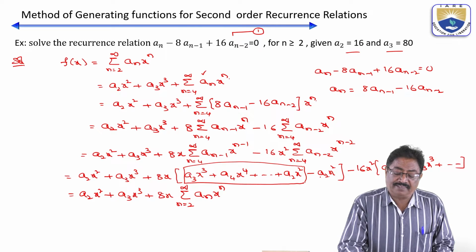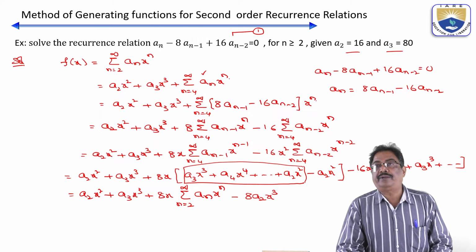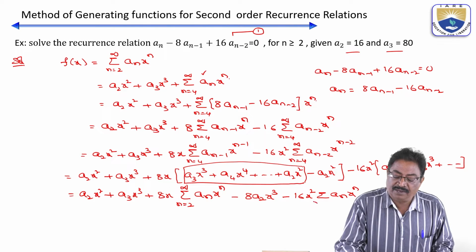Now the remaining, one more term will be there, so I am going to consider it as 8 into a2 x cubed minus 16x square. Then this I am going to write once again as summation an x to the power of n, n equals 2 to infinity.